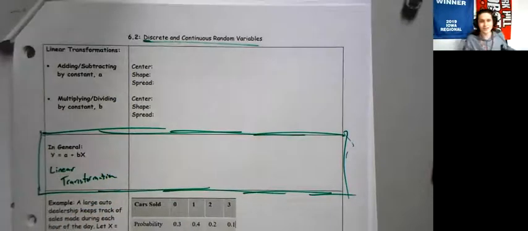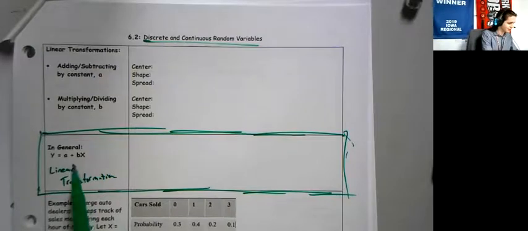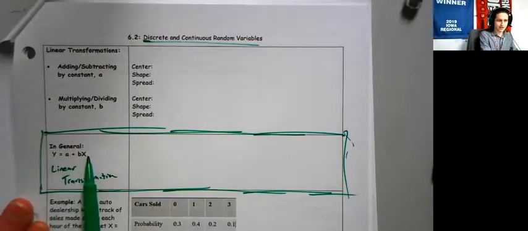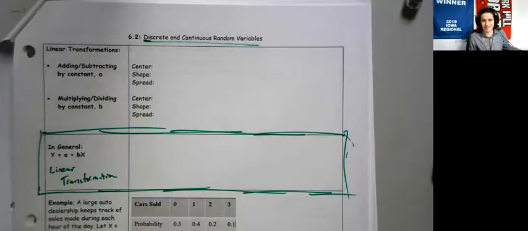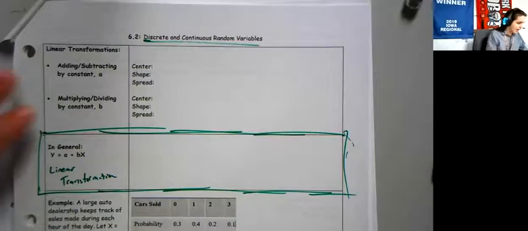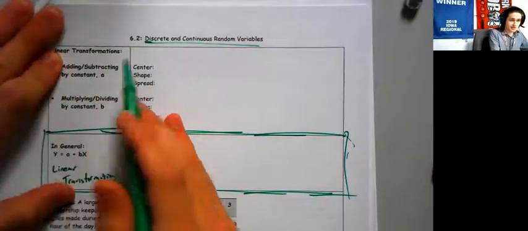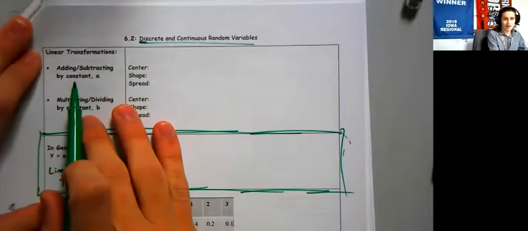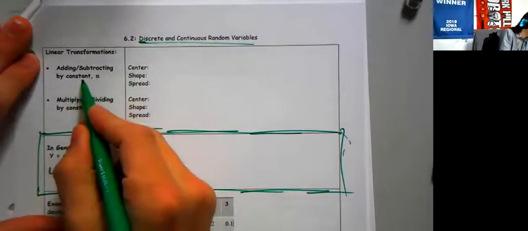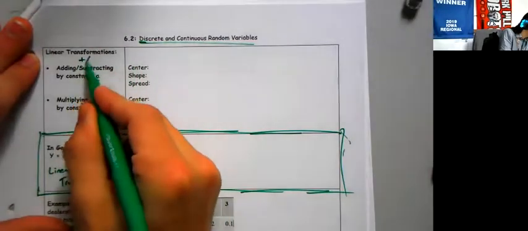How do you know that's linear? What does that even mean? Well, it's got a linear factor here. We have something to the first power. If you plotted that, it'd be a line, depending on what x is. So linear transformations involve adding or subtracting a constant a. What does that do?